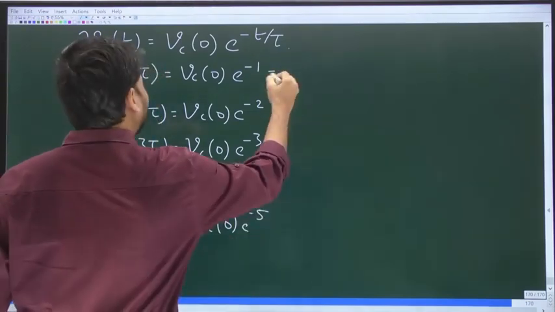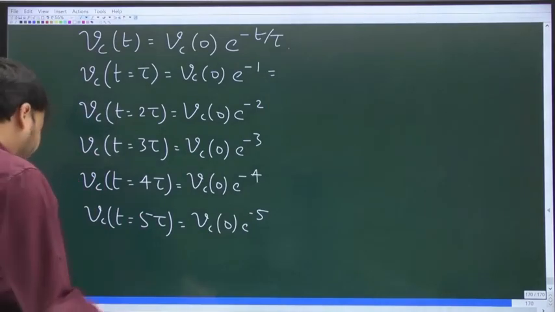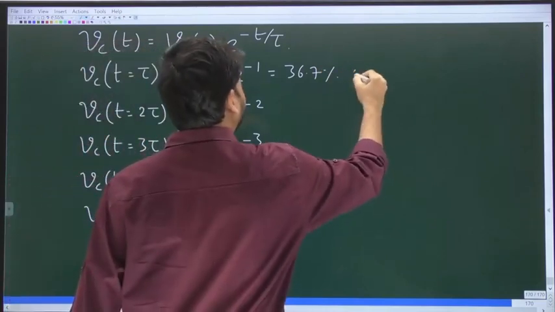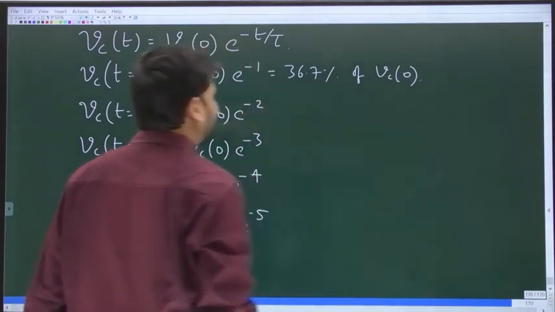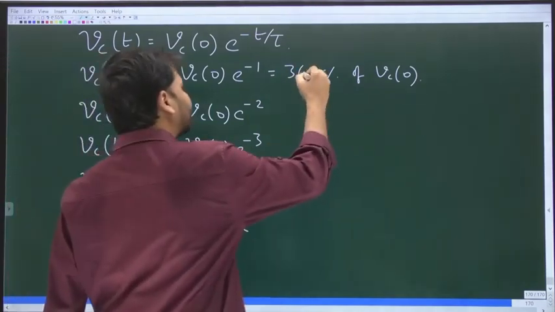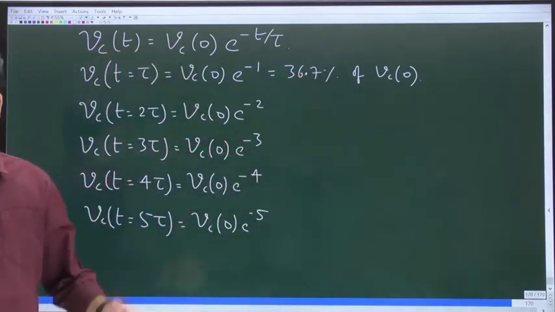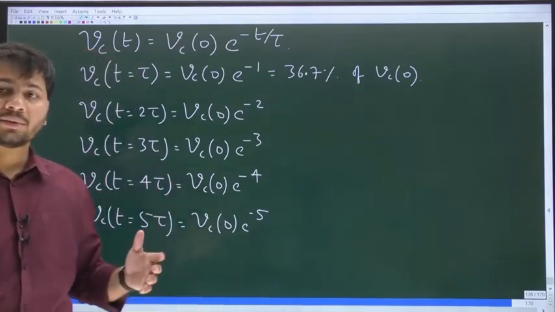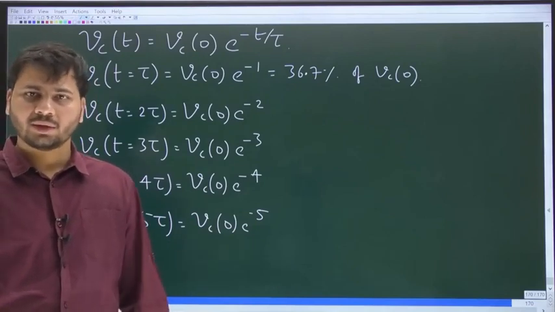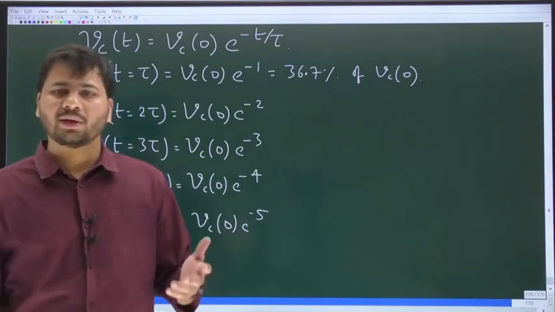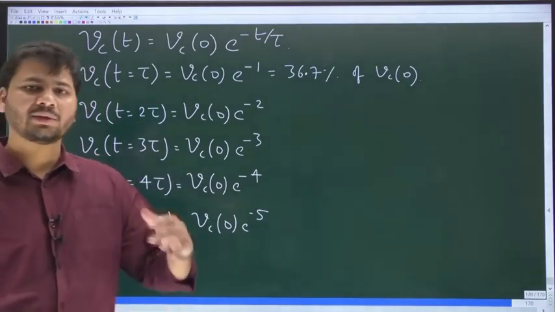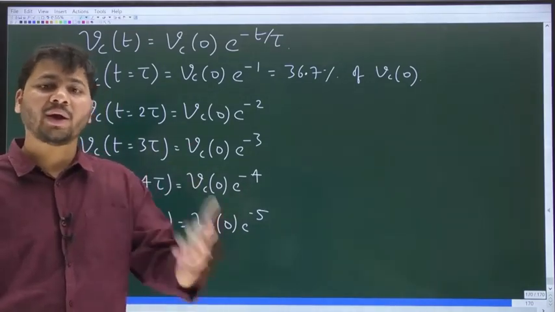Now, Vc of 0 into e power minus 1 is approximately 36.7% of the initial value, that is Vc of 0. That means after 1 time constant, the value of voltage across the cap will become 36.7, or approximately 37%, of its initial value. 37% means 37 by 100, which is 0.37.